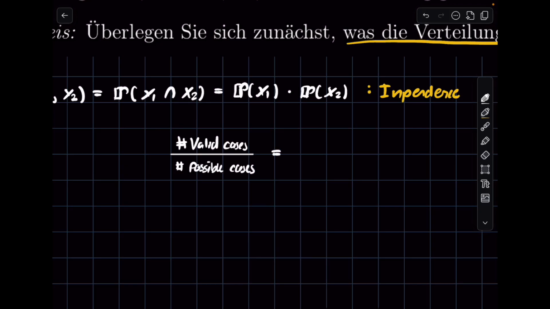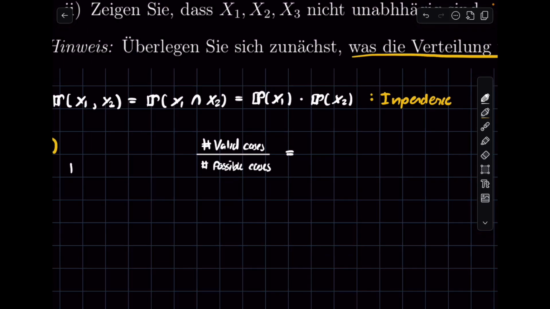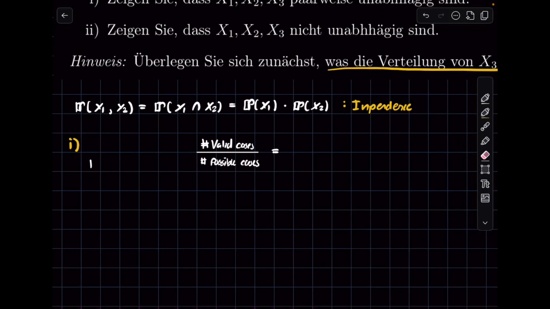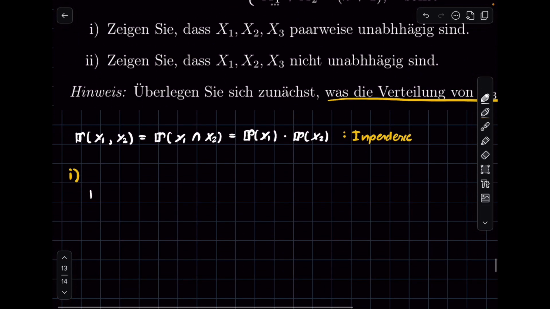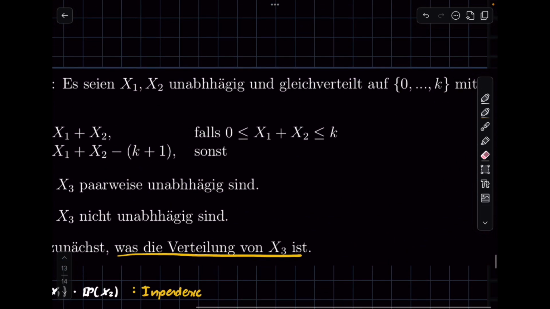So in this case, they're telling us that both x1 and x2 are in the range of 0 to k. So let's look at 0 to k.